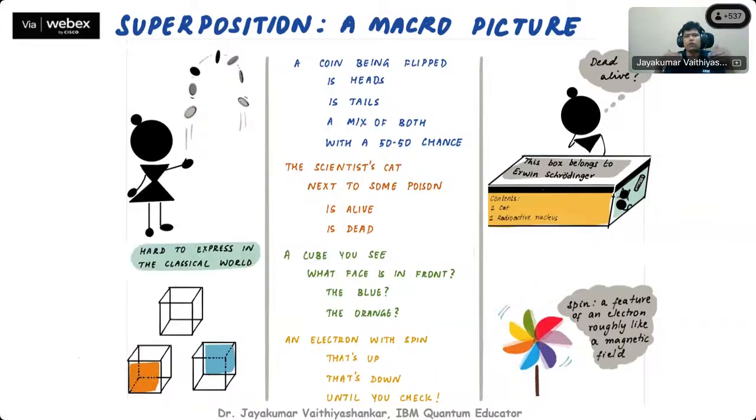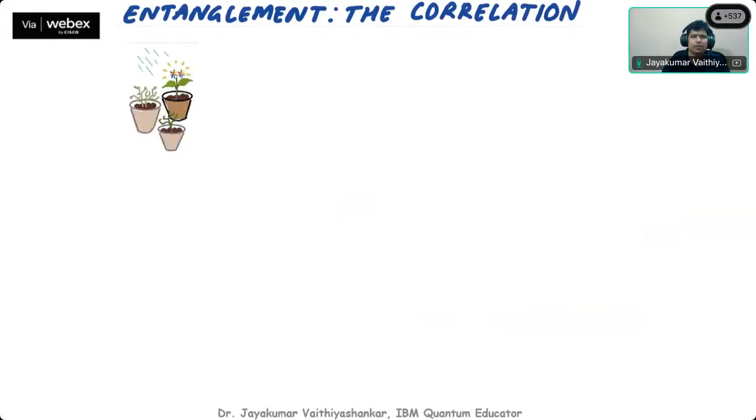Okay. So if you want to explain all this in the classical world, it is very, very difficult to understand. Even though we don't have any choice, we are using classical examples to understand quantum phenomena. Okay. So the next important topic is entanglement. Entanglement is like a strong correlation between two quantum particles.